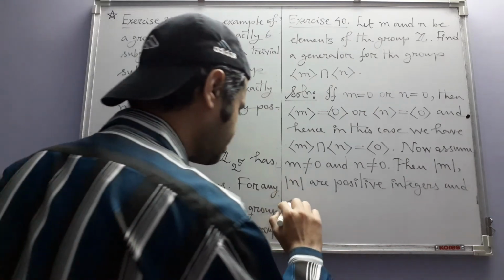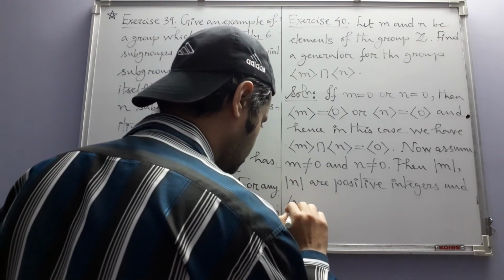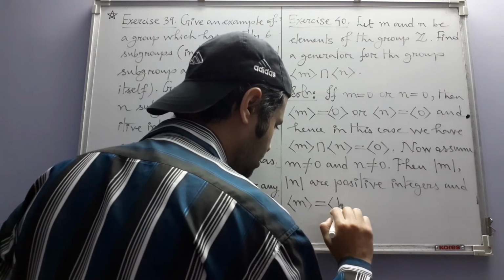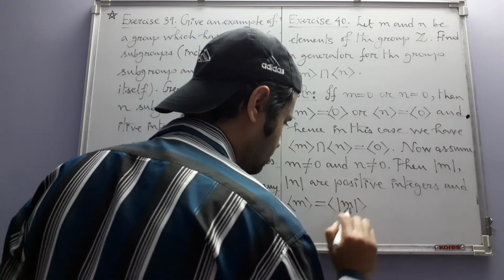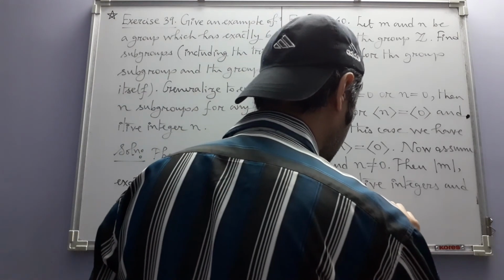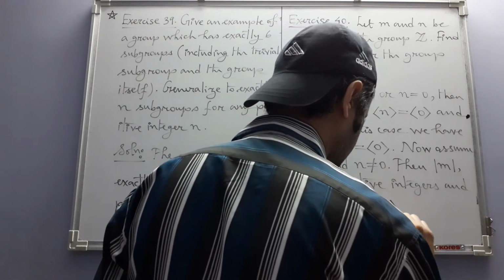And the cyclic subgroup generated by m is the same as the one generated by the absolute value of m. Similarly, we have this for n.